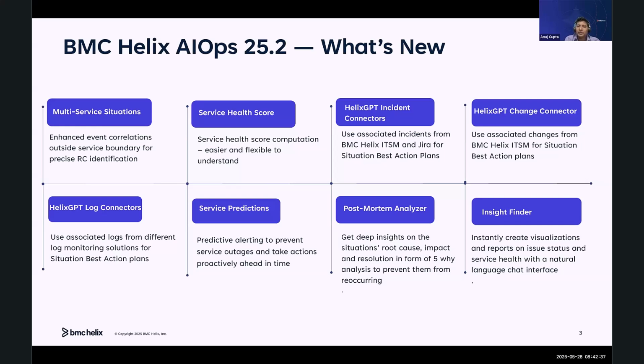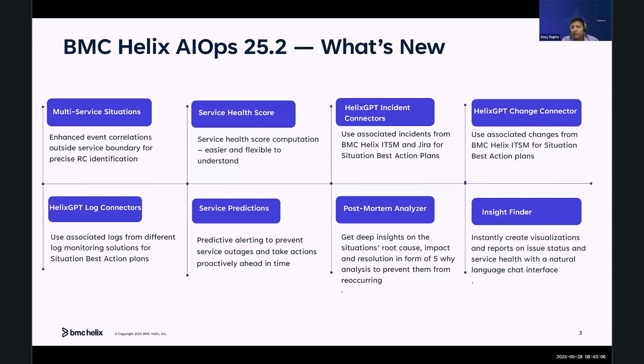And then the last two pieces, around the postmortem analyzer and insight finder, are pieces of our agentic AI Helix GPT driven capabilities. With the postmortem analyzer, as I mentioned, for our situation we look at all these data types across the board. Then we do a lot more analysis, more like a 5 why analysis: why did this problem occur? Why did this issue occur on so and so host?